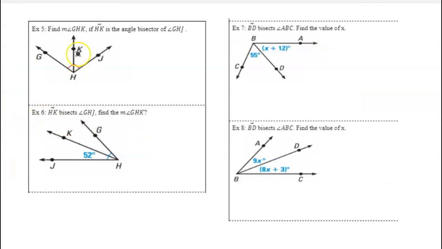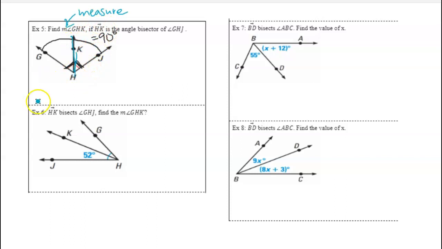Okay, example 5. This is on the back of our example sheet. And on example 5, I see that we have this box here, which does indicate that this angle is equal to 90 degrees. And if I read through, find the measure, so recall that this means measure, find the measure of angle GHK if HK is the angle bisector.